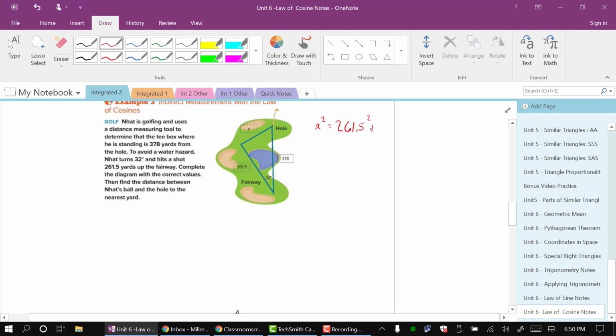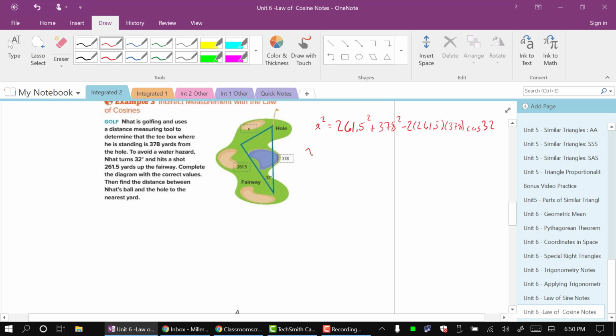261.5 squared plus 378 squared minus 2 times 261.5 times 378 cosine 32. So square all this out.